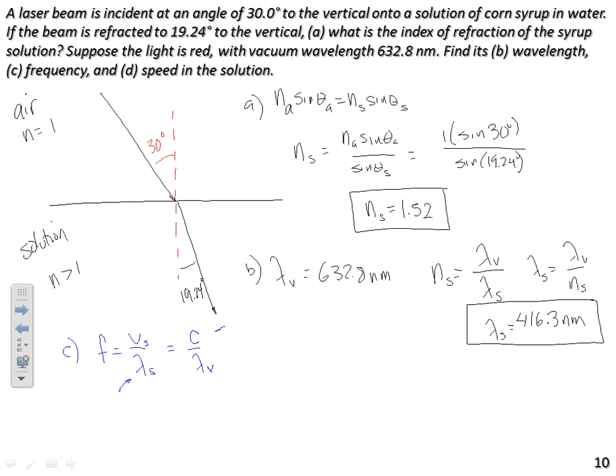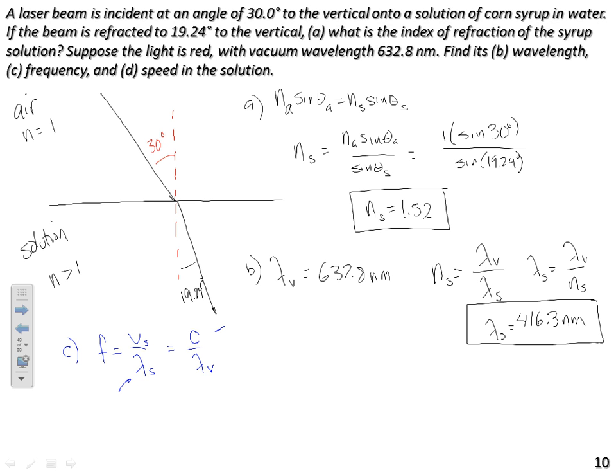So I'm going to use vacuum stuff. 3 times 10 to the 8th is the speed of light in a vacuum divided by vacuum wavelength 632.8 nano. So I'm saying times 10 to the negative 9th meters.